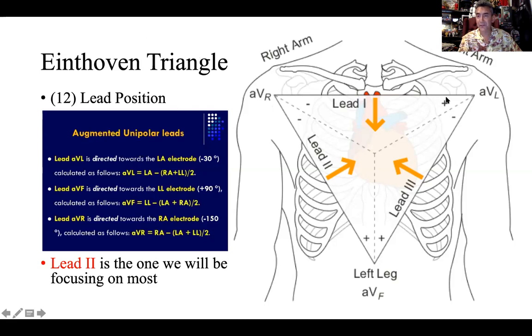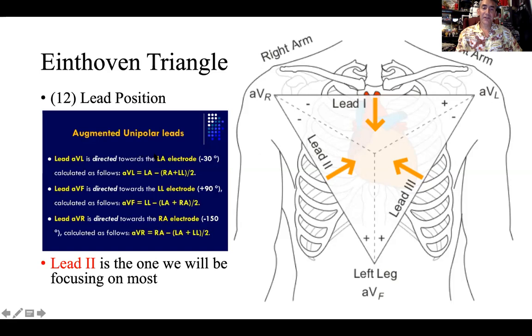We can analyze horizontally, diagonally back this way, so we get different perspectives of that electrical signal. The 3 leads that we actually analyze, lead 1, lead 2, and lead 3, give us information on different parts of the heart.